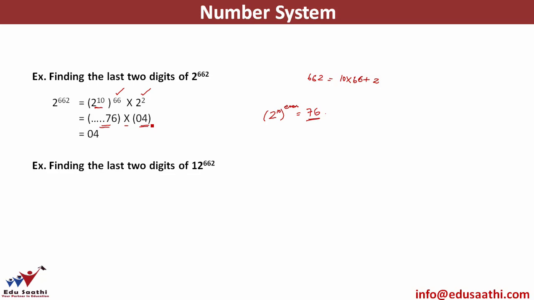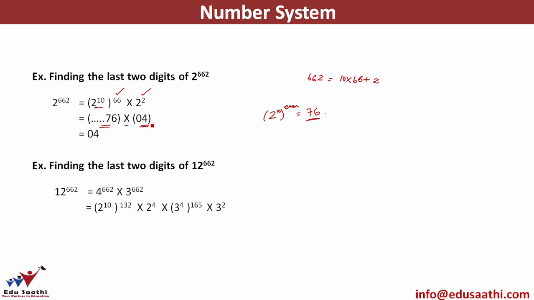Let's look at another example. Find the last two digits of 12 raised to power 662. Now for this, I will break up 12 into 4 and 3 because 4 is even, 3 is odd. So I will separately find out the last two digits for odd and even numbers and then combine them in the end to get to my final answer.